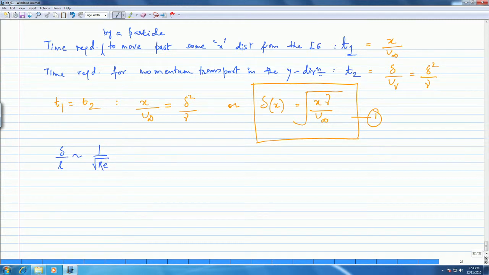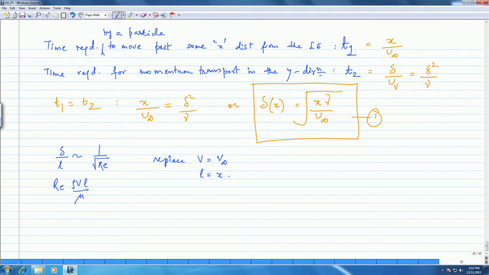In this particular case, you replace V, because Re is rho V L by mu, so replace V by V infinity and L by x.